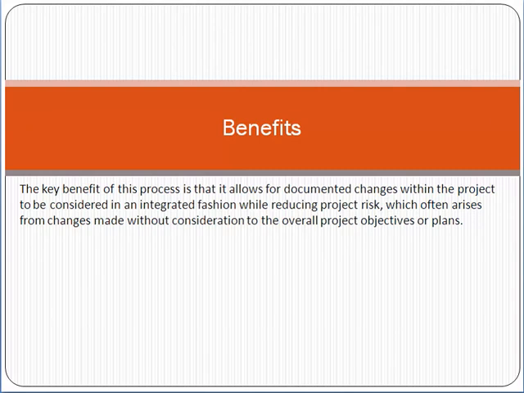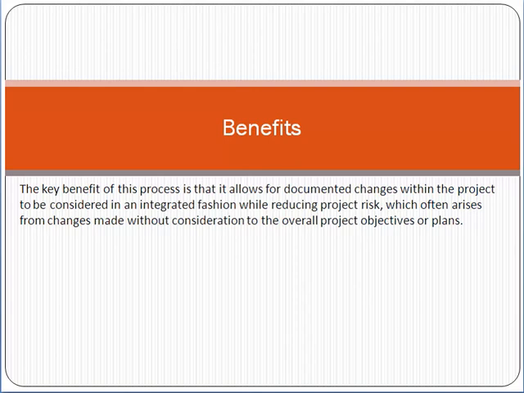The benefit of this process is that it allows documented change within the project to be considered in an integrated fashion, while reducing the project risk, which often arises from changes made without consideration of the overall project objectives or plans.